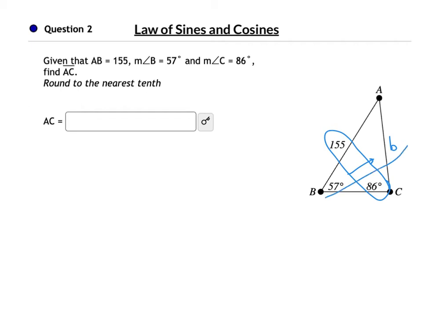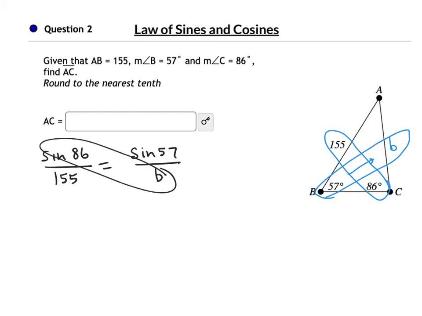And we have 57 and the side we're looking for, which I called B. Set up your law of sines. The sine of 86 over its opposite side, 155, equals the sine of 57 over its opposite side, B.